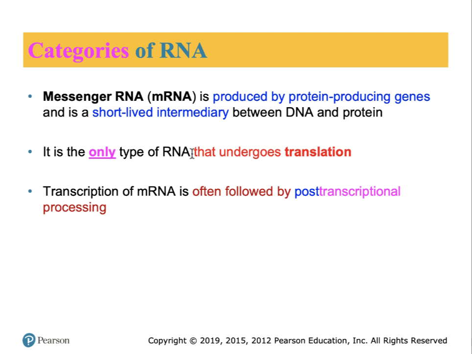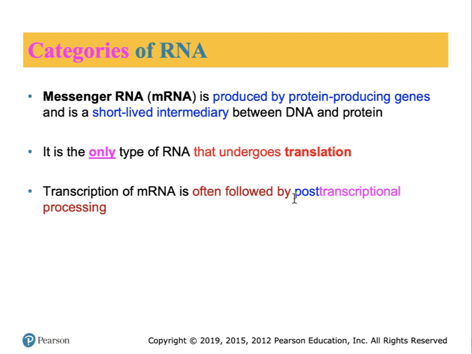There is only one type of RNA that undergoes translation, and that is messenger RNA. It doesn't matter whether it's eukaryotes, prokaryotes, or anything else. It's only one type of RNA that interacts with ribosomes and produces protein. All the other types do not do this. And transcription of RNA is often followed by additional modifications to those RNA molecules, especially in eukaryotes.